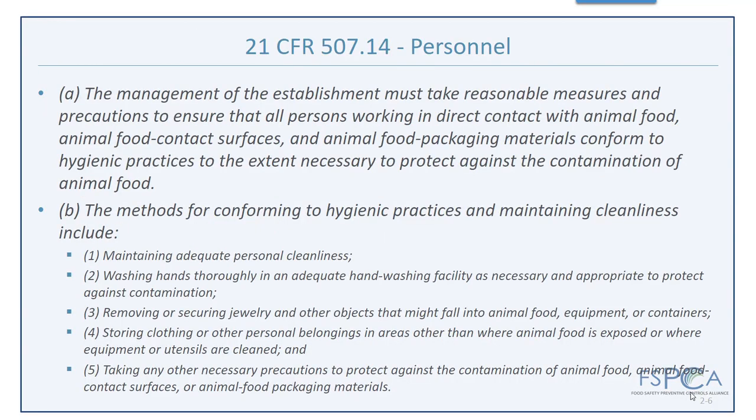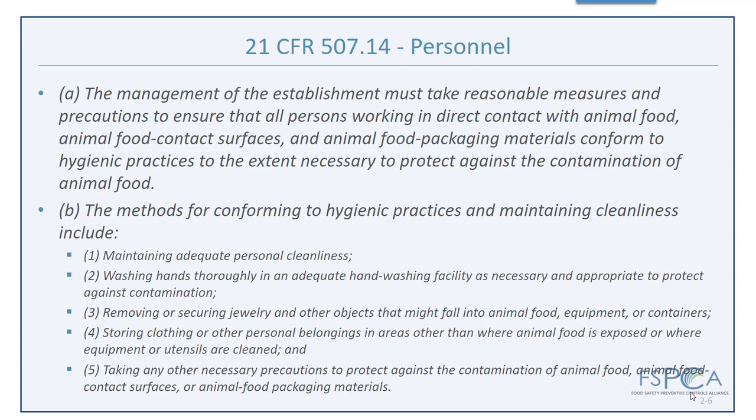So here's the first section, 507.14, and this talks about the personnel or the people involved in carrying out your food safety system. And I think a really important thing to communicate when it comes to your personnel is that we are trying to make a shift in the mindset of the people that produce animal food.